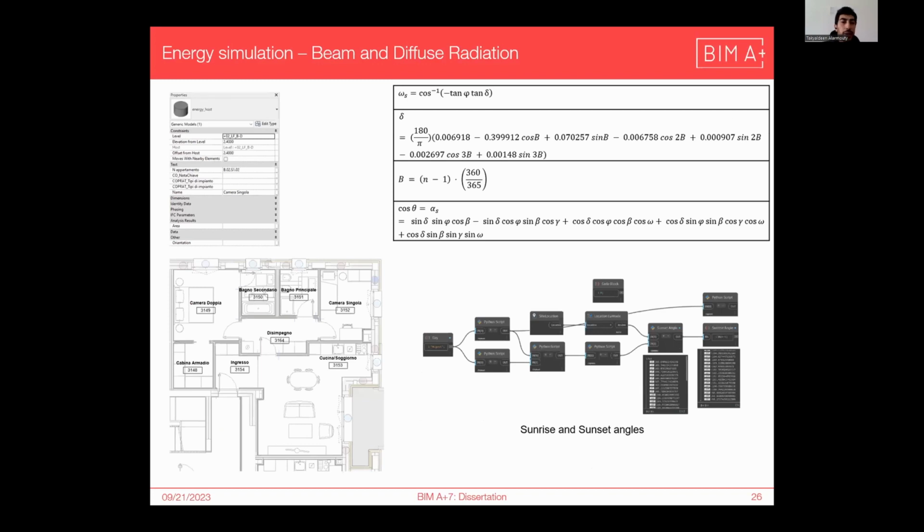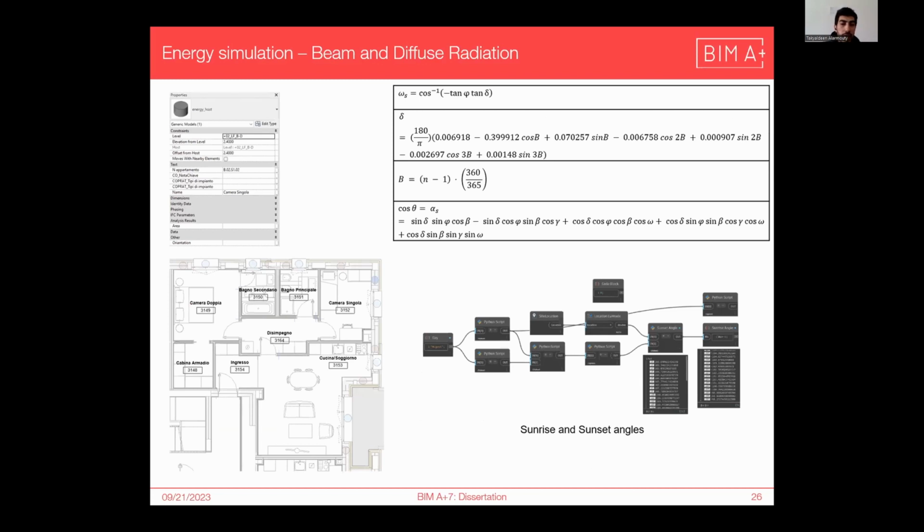Here we find the family, which we use as an alternative to the architectural elements for hosting data related to them, such as the orientation, the room orientation for elements, and room area and room name.